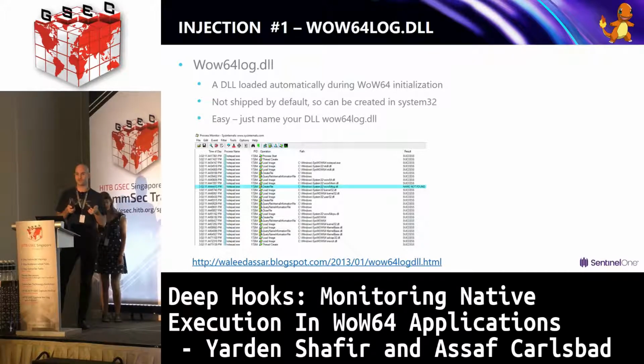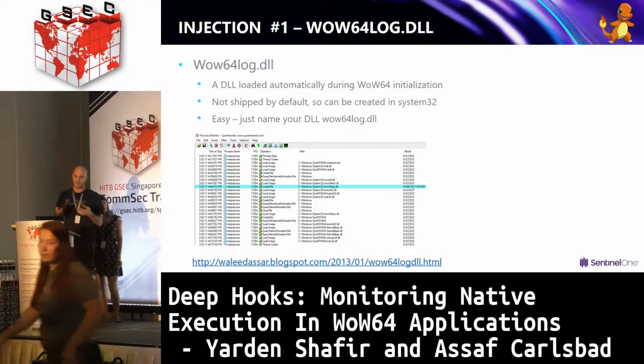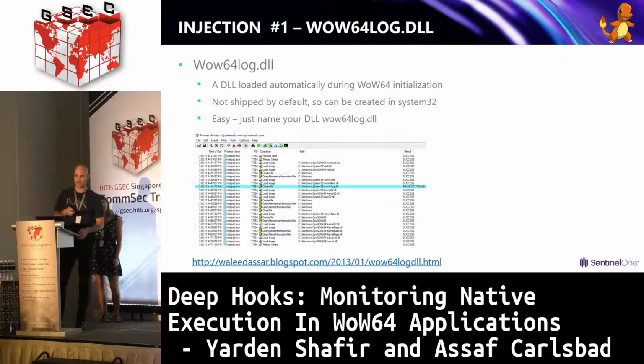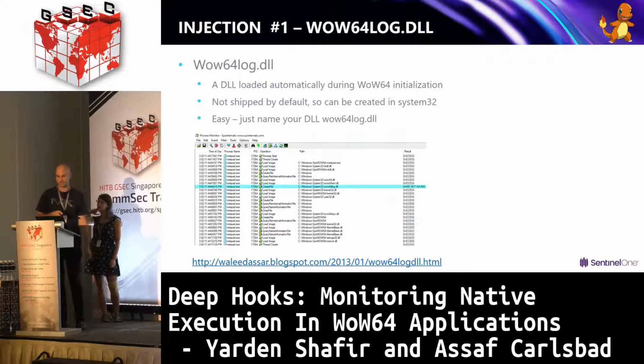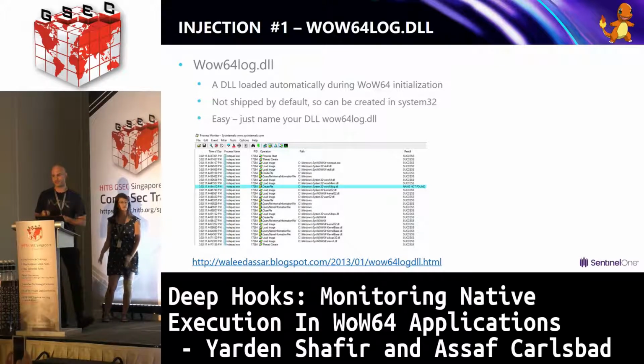Now, this DLL is not shipped by default as part of the standard Windows installation, which makes us and many other security researchers in the community believe that this DLL is actually only used internally by Microsoft in order to aid debugging or diagnostics of WoW64 applications. And in fact, we can leverage the fact that this DLL is not shipped by default in order to gain code injection.